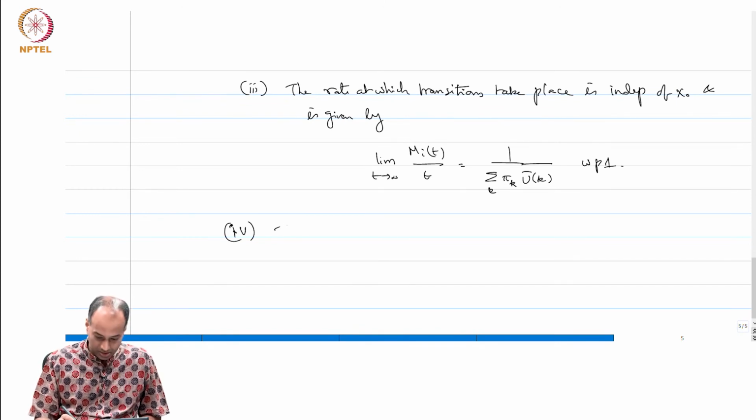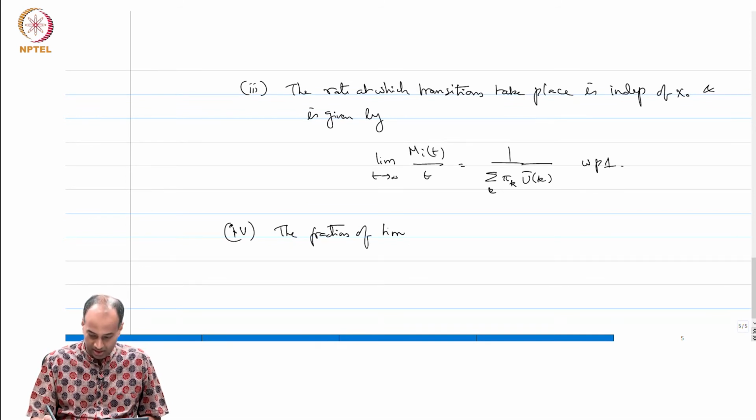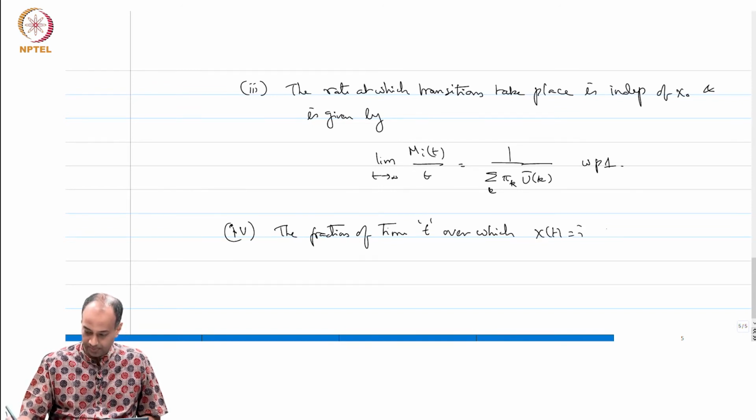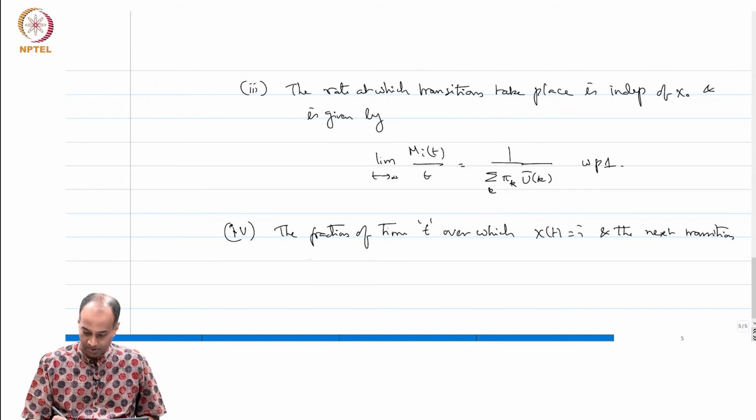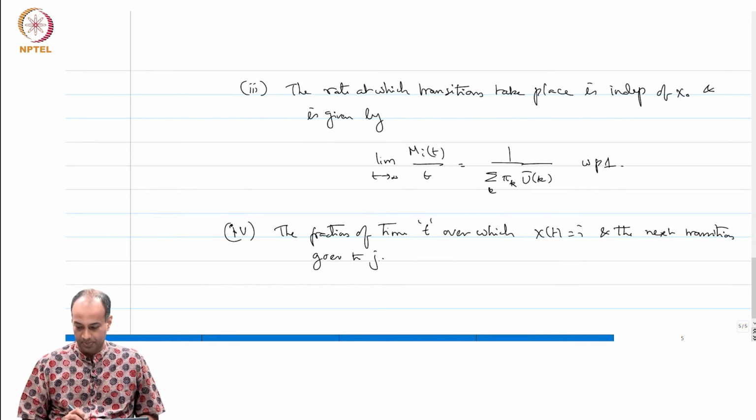It is the average fraction of time over which X_t equals i and the next transition goes to j.